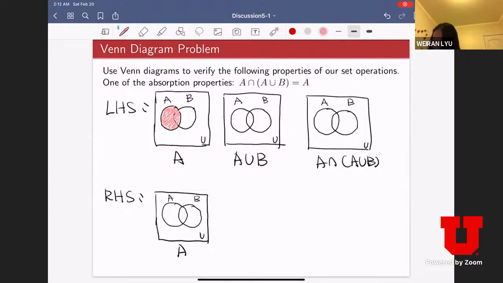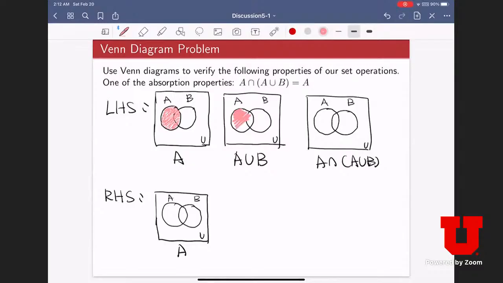And then what about A union B? We just fill in both of the sides.